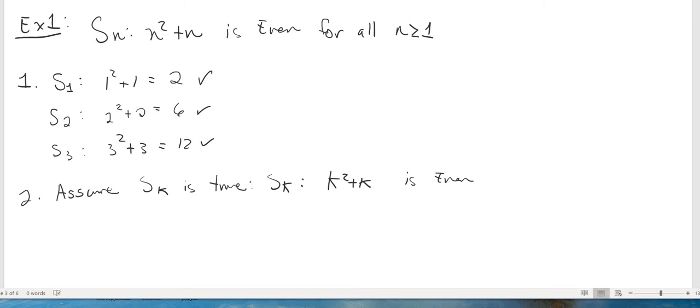Remember here that k is arbitrary, right? So these are specific k's: 1, 2, 3. It works with the number 1, works with the number 2, works with the number 3. Here when we swap out a k, that means k could be any number. It could be 5, it could be 10.